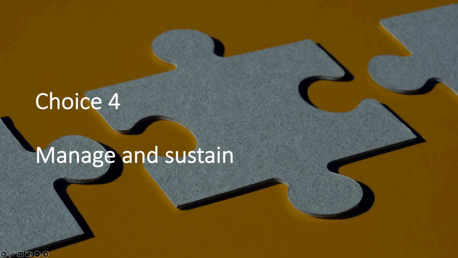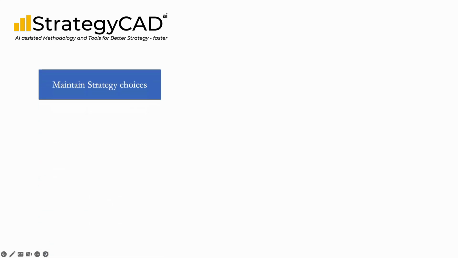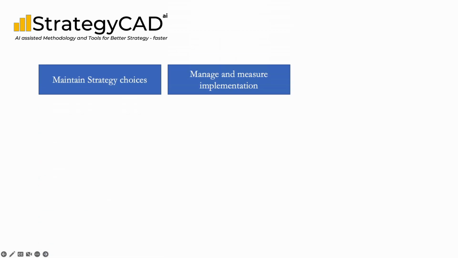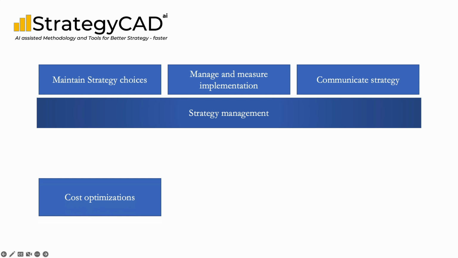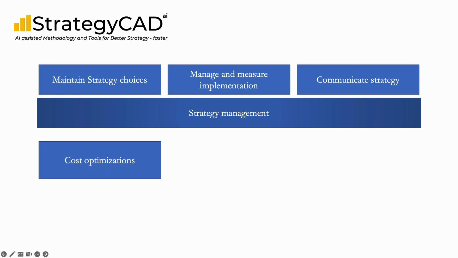You then move on to choice 4, manage and sustain. The key outcomes for choice 4 are to ensure that you're in a position to have the policies, procedures, and activities to maintain your strategic choices, manage and measure the implementation of your strategy, and effectively communicate the strategy so that everyone understands what it is and their role in fulfilling it.